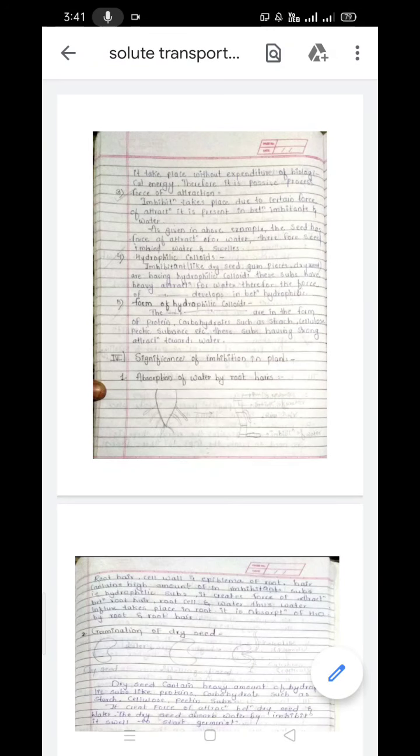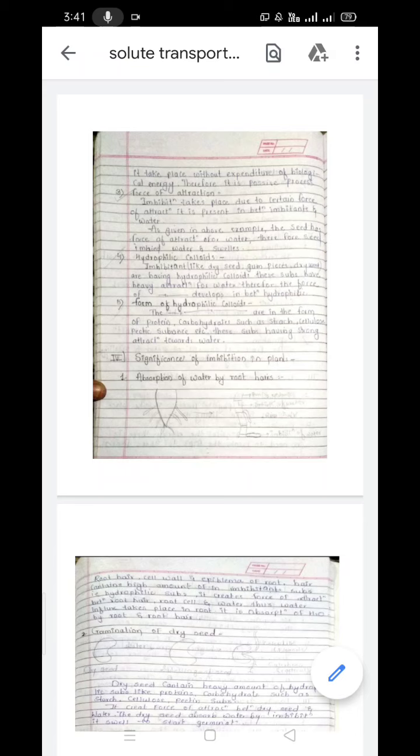It takes place without the expenditure of biological energy, therefore it is a passive process. Passive process क्यों है? क्योंकि इसमें it does not require any type of biological energy.